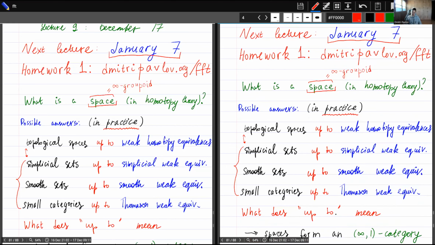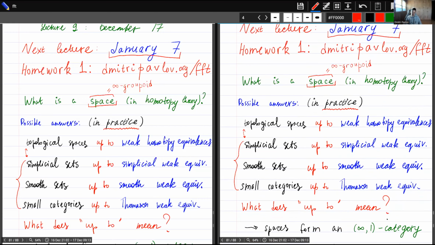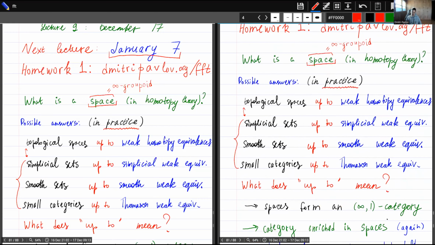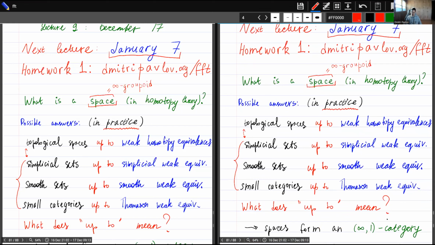Let me very briefly address what the word "up to" here actually means. Maybe one answer is that spaces themselves form naturally not a 1-category, but an infinity-1-category.